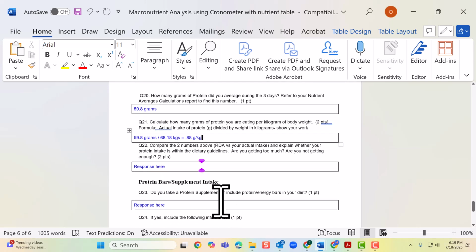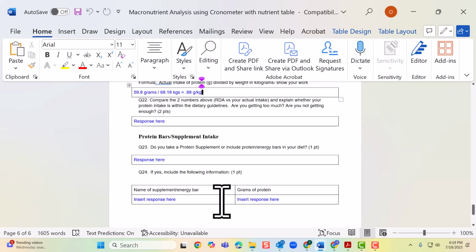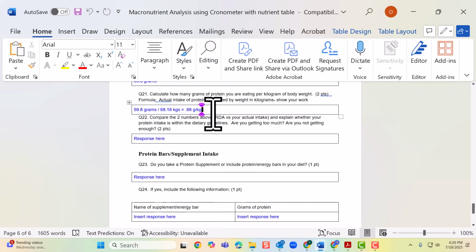Add in your supplements, because remember, we didn't. So if I'm getting only 0.88 grams per kilo from food, but I'm also taking a supplement, then I don't really need to make changes. Or maybe you say, maybe I don't need a supplement, it's too much. Then I'm getting enough from food.